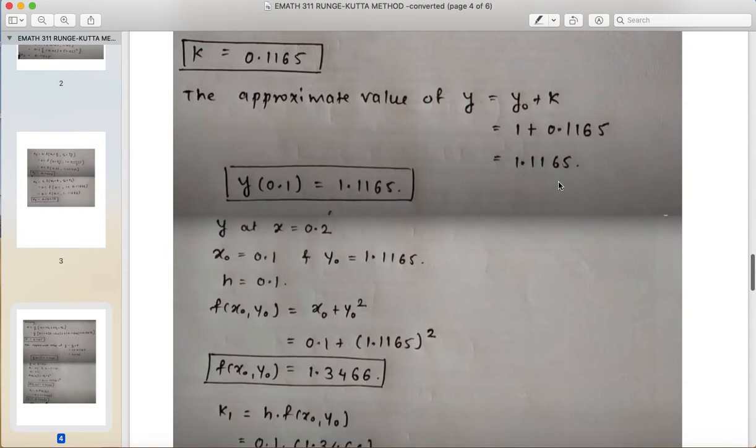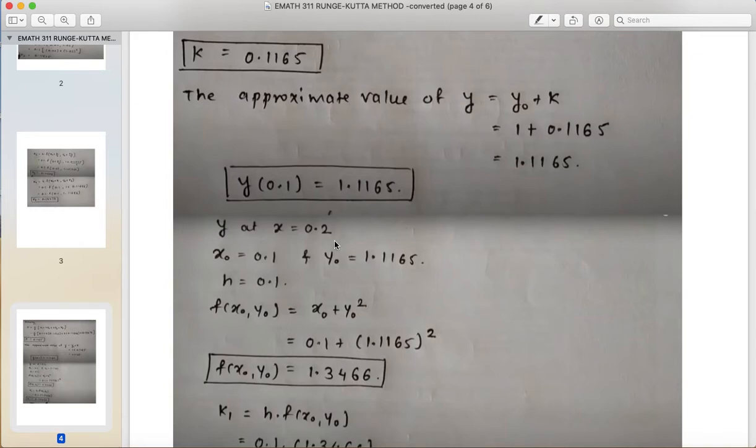So this is our y of 0.1, which is equal to 1.1165. But our original question was to find y at x equals 0.2, and we got here a value for 0.1. So we are not yet done solving the equation. We have to do this procedure again by using the same formula.